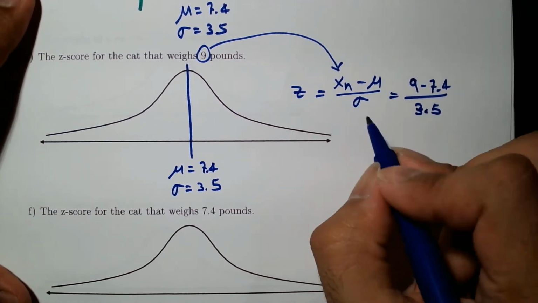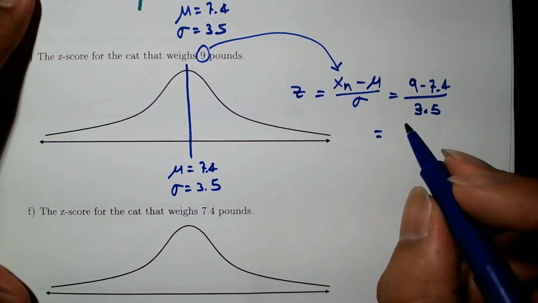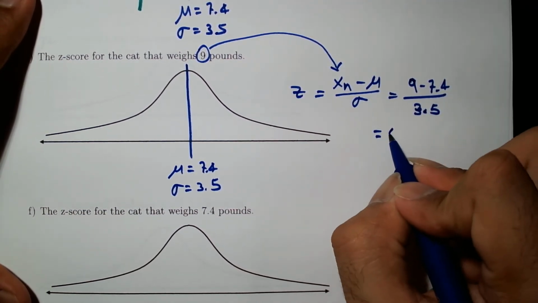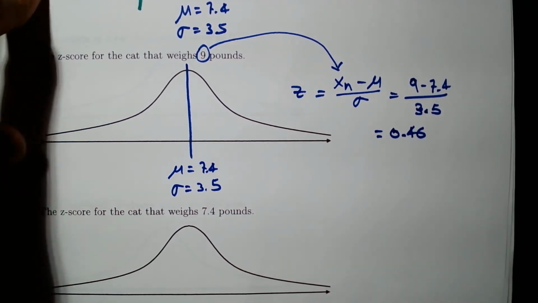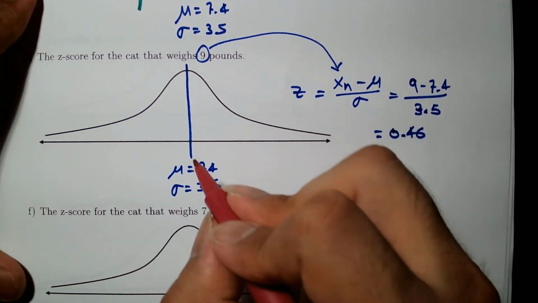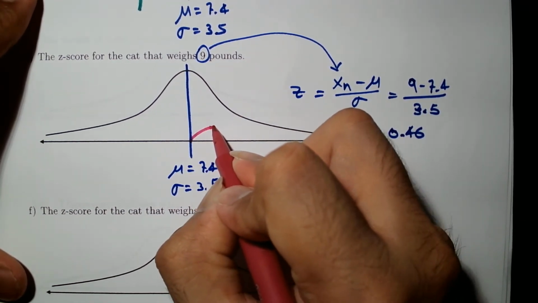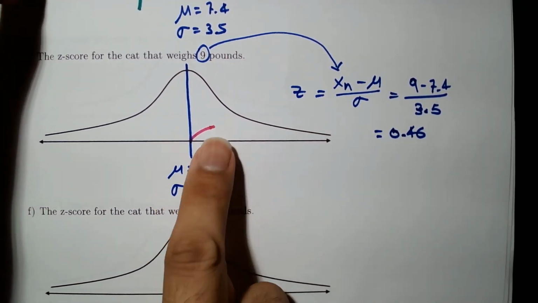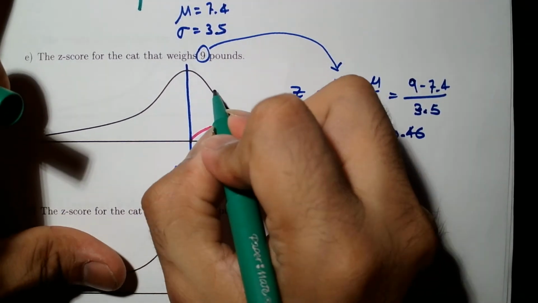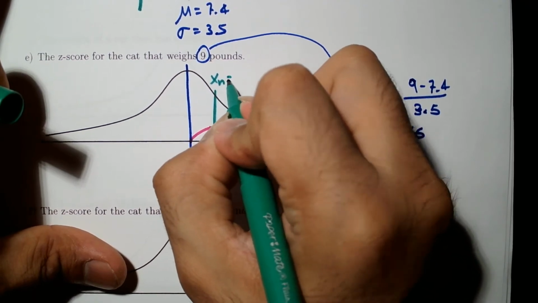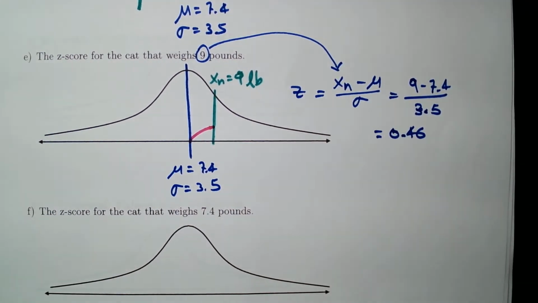Using a calculator we get 0.46. Okay. 0.46. So it's not too far away from the mean, almost half a standard deviation. So x_n equals 9 pounds. That's what this means.